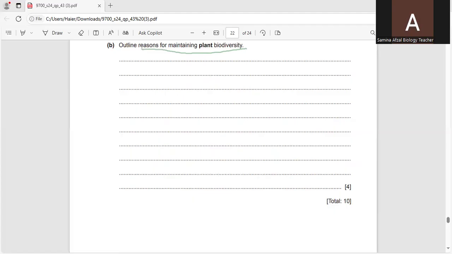So first of all, the first point which I want to write is that it is compulsory for ecosystem stability. According to me, it is a very important point.